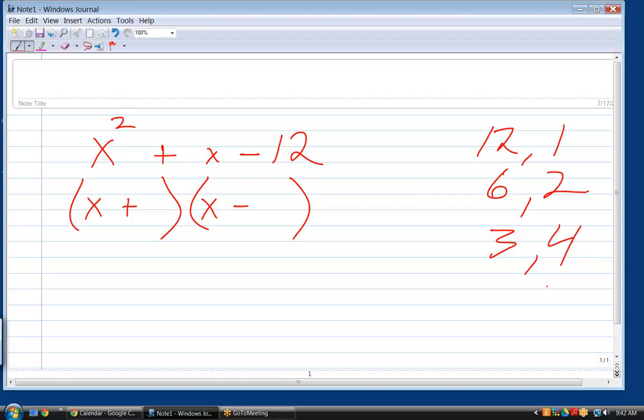Which factors subtract to the number 1? Three and 4. Where's the 4 go? Where's the 3 go? That's step 4. The 4 goes in the front with the plus sign. 3 goes with the minus sign. Good.